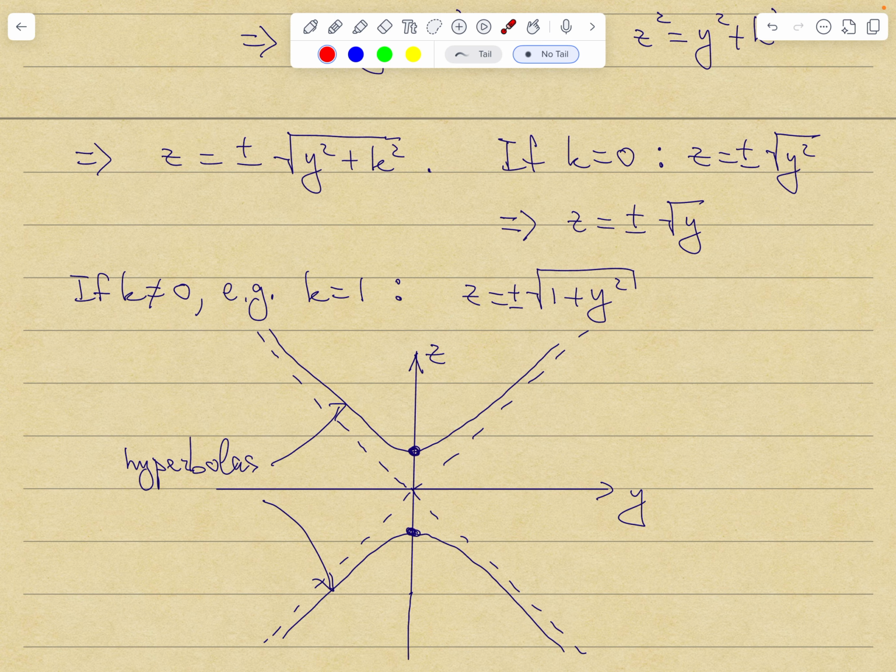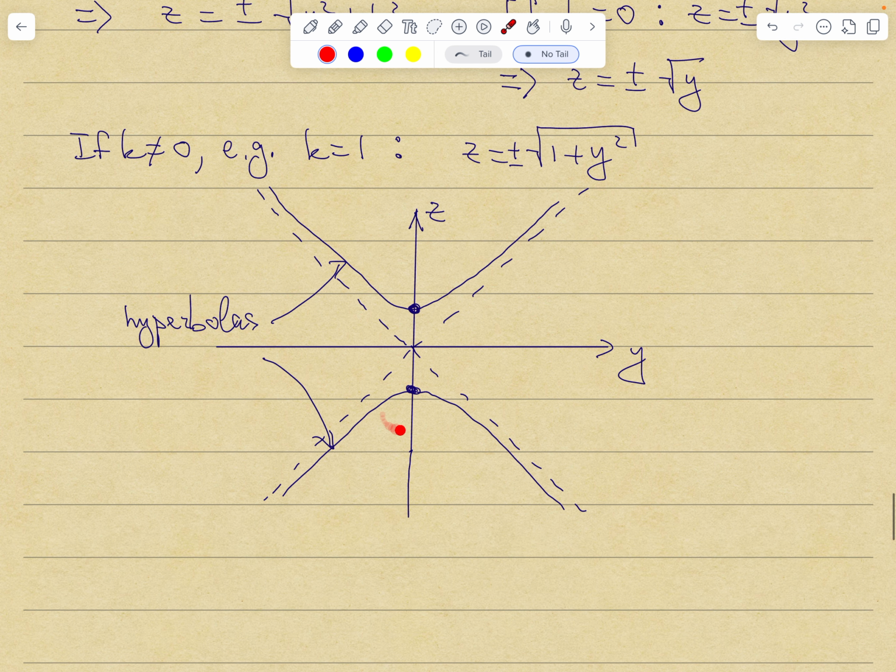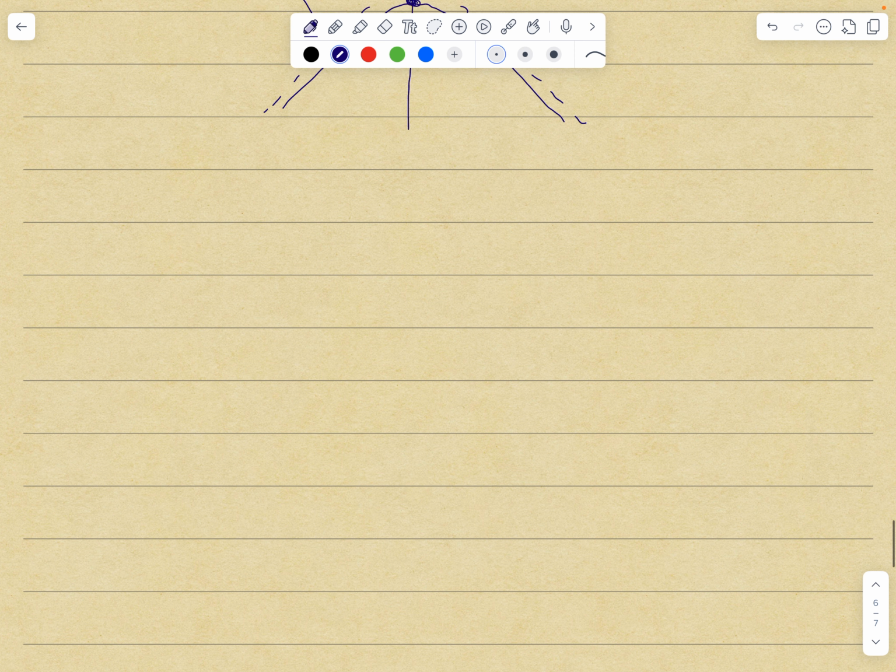That means that the graph lies above z equal to k. So as k gets bigger, these hyperbolas are going to shift up, and these hyperbolas are going to shift down. All right, so sketching the final answer.